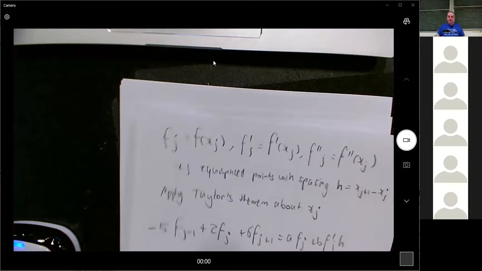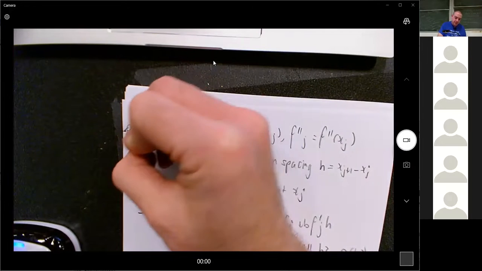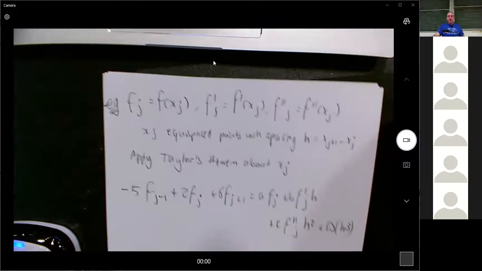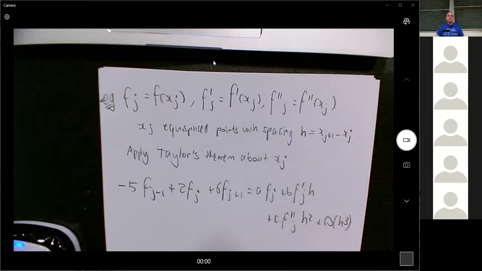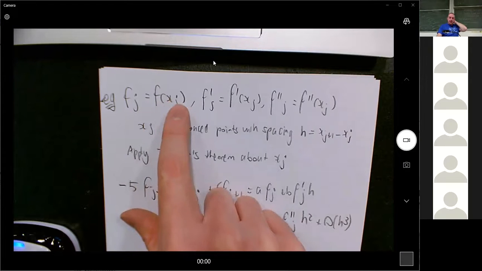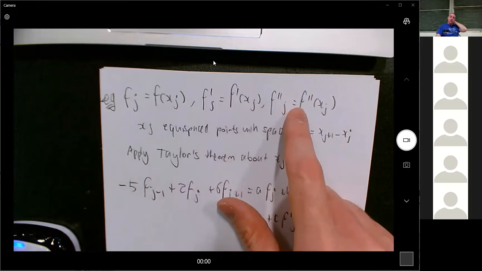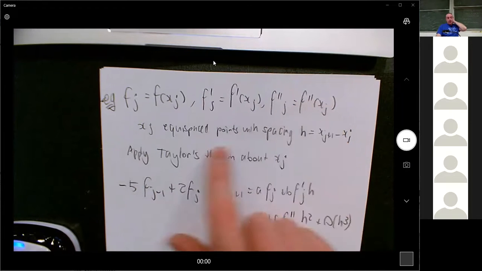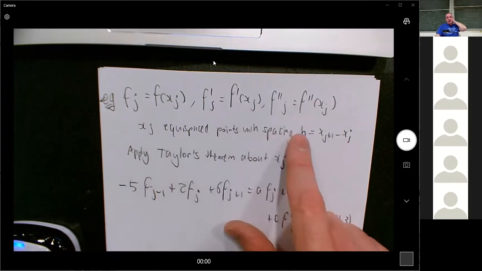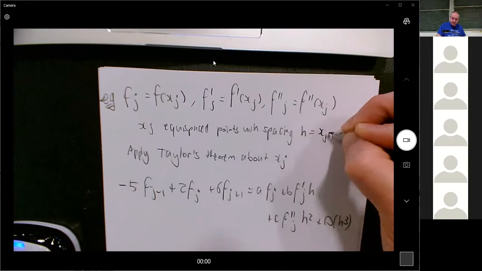Now I'll do this problem. So this problem said that there is some function. It says fj is the symbol used for f of xj, f dash j is the symbol used for f dashed of xj, f double dash j is the symbol used for f double dashed of xj, where xj are equally spaced points with spacing h, which is the space between xj plus 1 and xj.